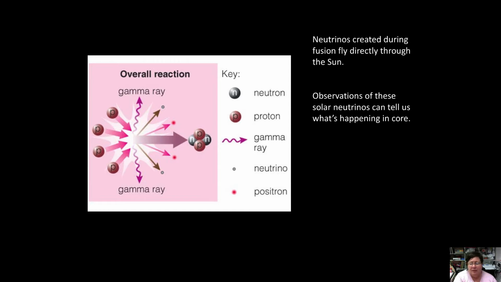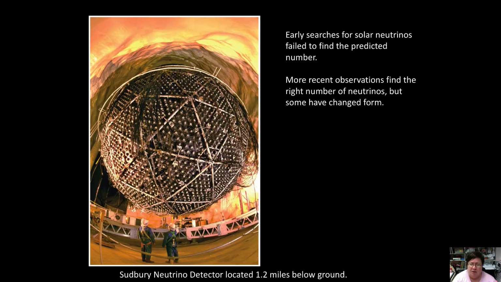Neutrinos are really interesting little particles that have a very, very tiny mass, if any mass at all. They travel extremely close to the speed of light, and they do not care about matter in general. So they just pass right through the sun, and we have to build really sophisticated experiments to detect them.